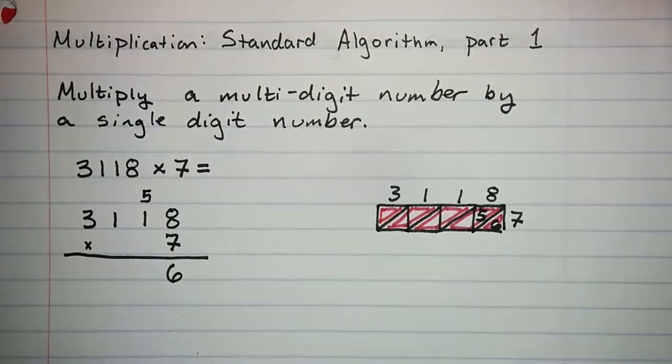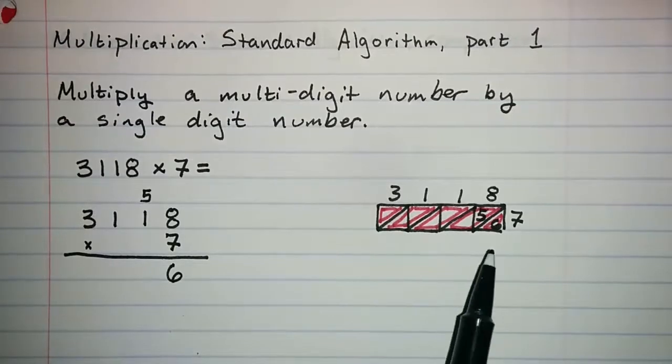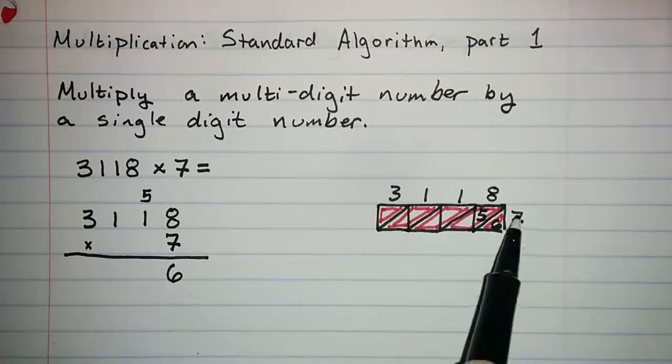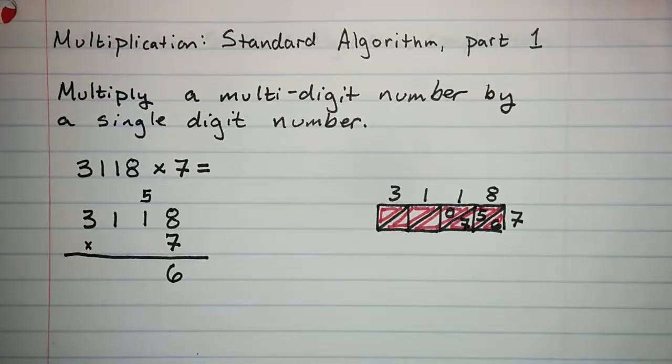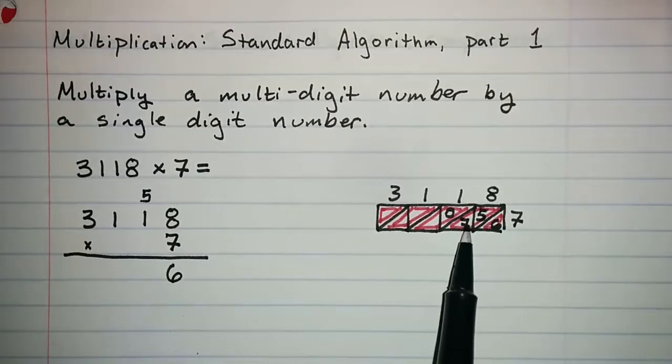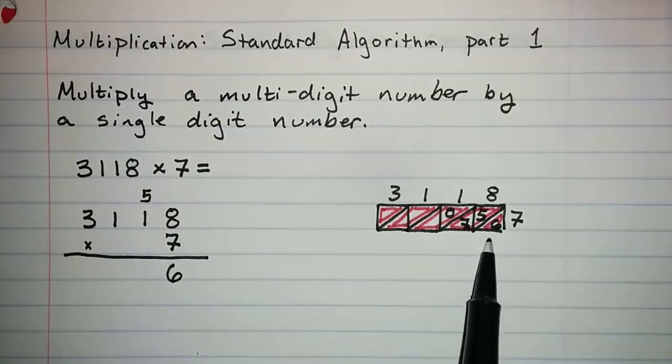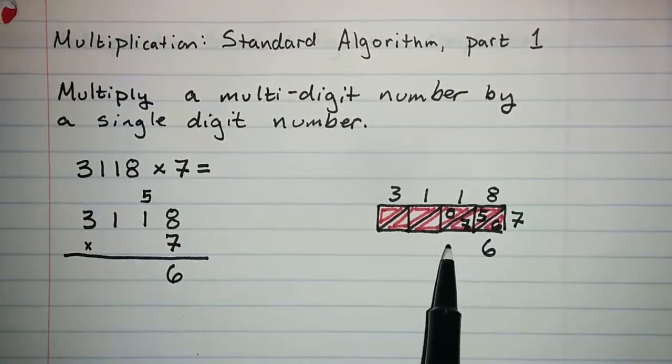Now we multiply 1 times 7. Well, we know what that is. 1 times anything is the thing itself. So that's just 7. Now what are we going to do over here? Right, so we had the 6 in the ones place. Over here we're ready to fill in the tens place. Right? 5 plus 7, that's 12.